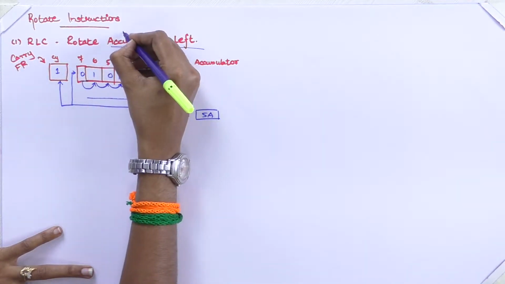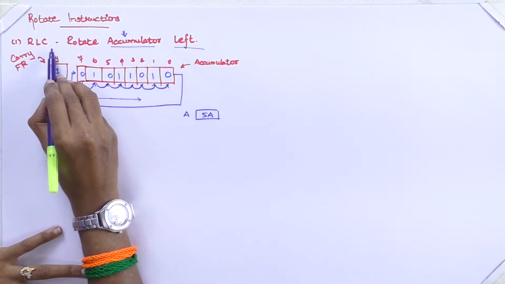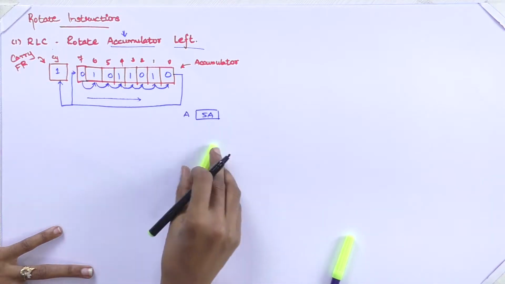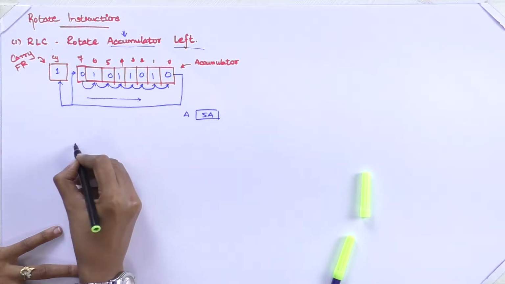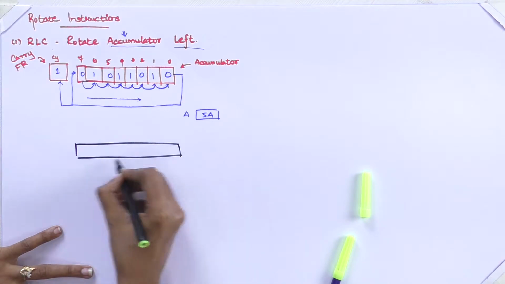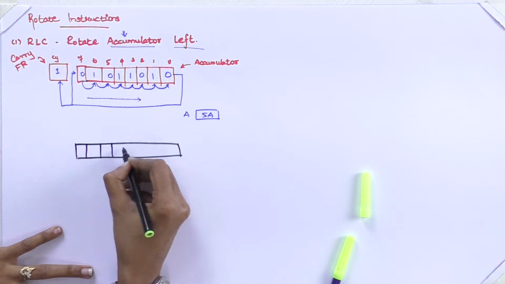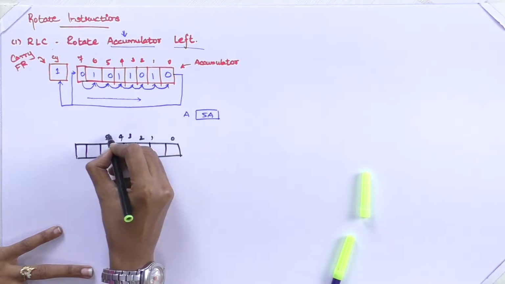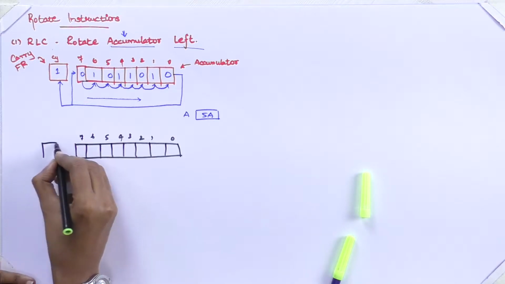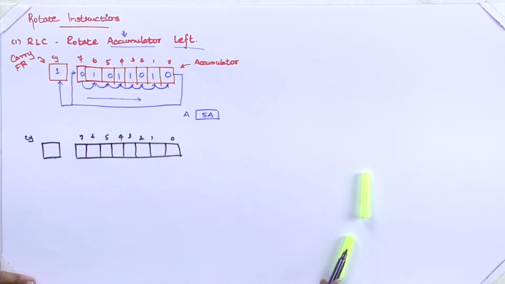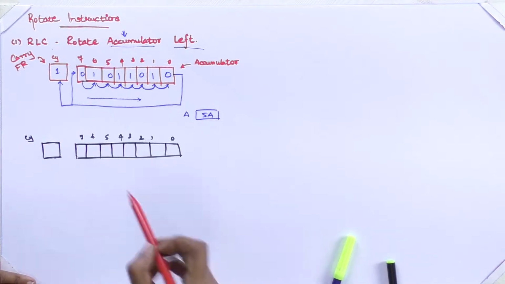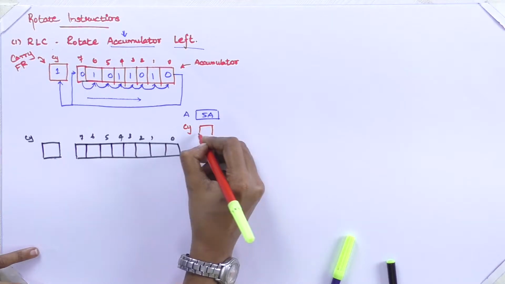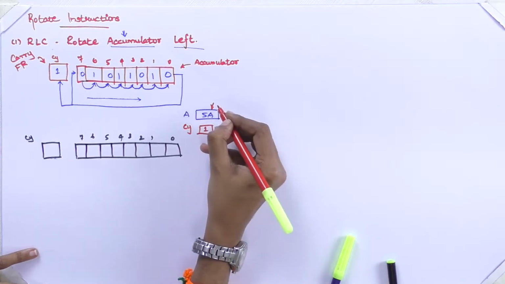So when the processor executes this instruction, RLC, rotate accumulator left, what will happen is, this is the accumulator register, and this is the carry. Before executing, carry is 1 and the accumulator has 5A.